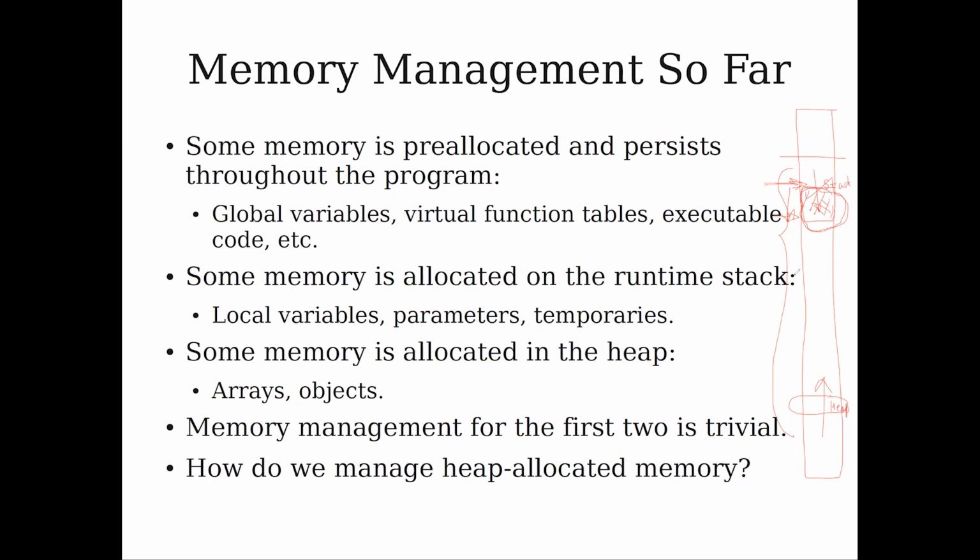I'm saying kind of explicit because garbage collection is not really explicit, but it depends on other factors than function execution. Memory management for global variables, which go into your static section, is trivial because you are never going to throw these things away. They are global because they remain there throughout the program.